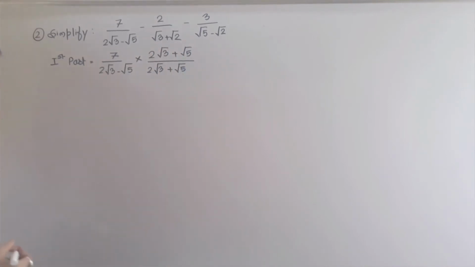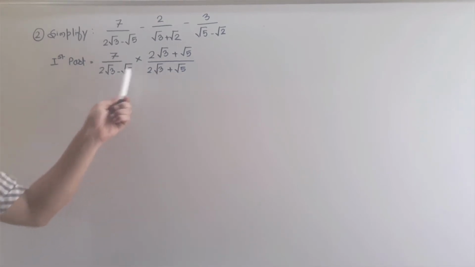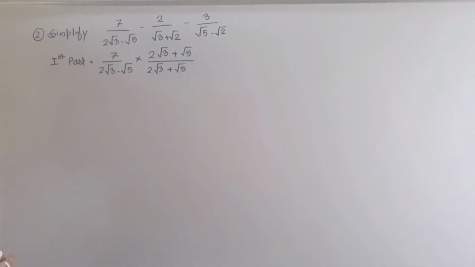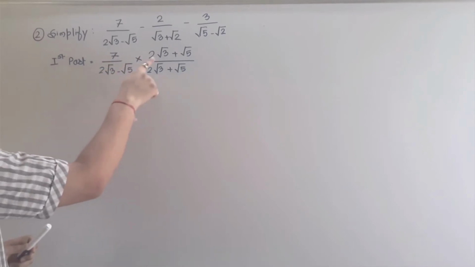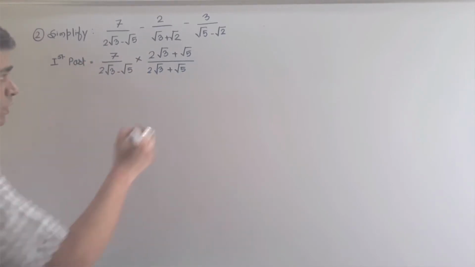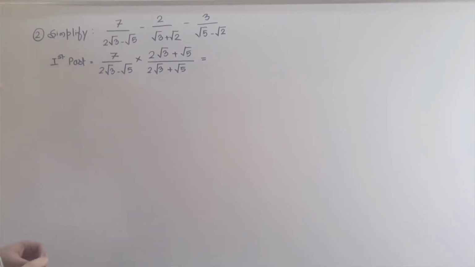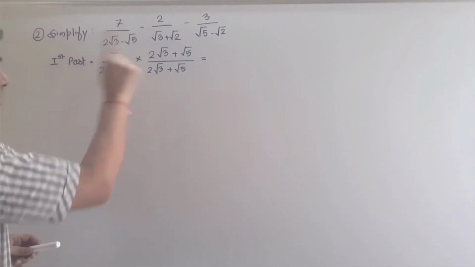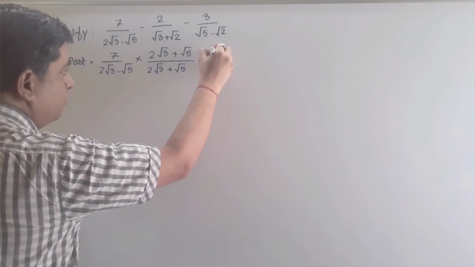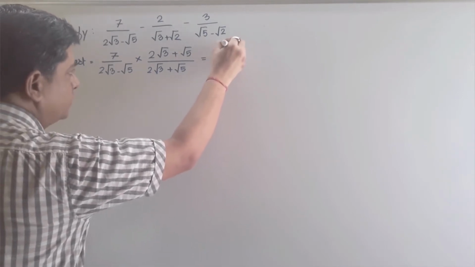Now observe, the numerator I will multiply with numerator and denominator with denominator. So first of all, 7 is going to multiply with 2 root of 3. You know that 7 is free from the root and 2 also free from the root. So 7 and 2 will multiply, that will become 14 under root of 3.